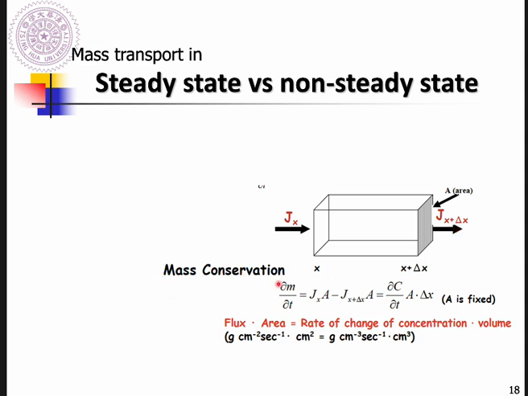Based on the mass conservation law, the mass change inside this cube, partial m over partial t, the mass change rate inside this cube, equals the atoms flowing into this box minus the flow out of this box, which equals the atoms remaining inside this box, right? So we have partial m over partial t equals J_x A minus J at x plus delta x times A.